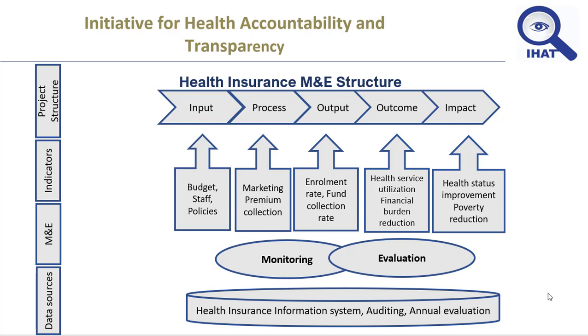The impact will be poverty reduction and health status improvement, and monitoring and evaluation will be going on all through these processes. And also there will be auditing and annual evaluation.